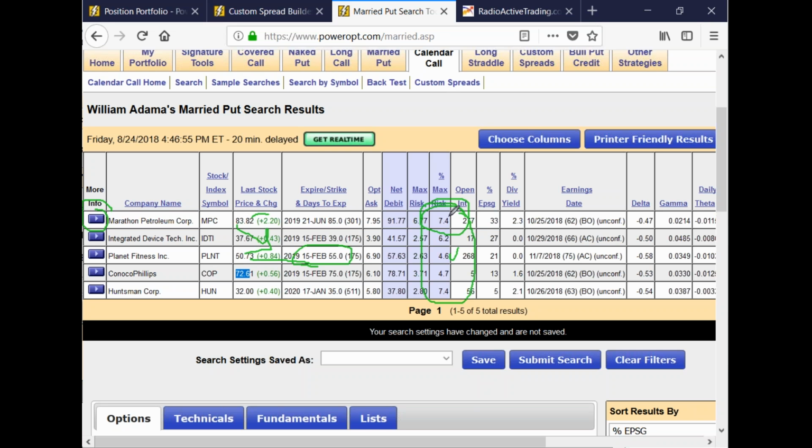The structure to me is more important because I know that even in the worst case scenario, the stock falls 20% the day after I get into it from some completely unexpected news that I could not find on a chart or anywhere else, my maximum loss can't be more than 7.4%. And if it happens the day after, the week after I enter the trade, even though it dropped 20%, I'm probably only going to be at a loss of 5% because there's still so much time value left on that put. That's why the structure is the most important.